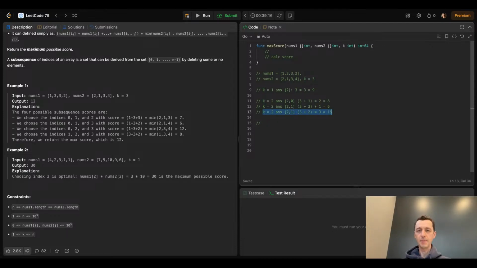Now for K3, if we take 2 and 1, then we'll just try with the 0. We have 2 and 1, so we have 2 more options to try, with the 0 and with the 3.